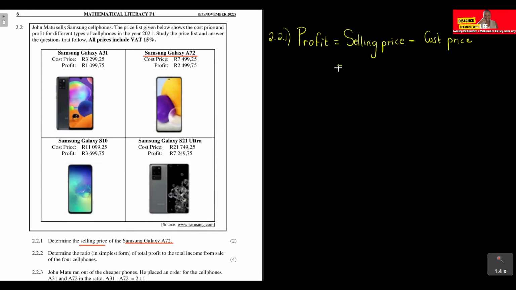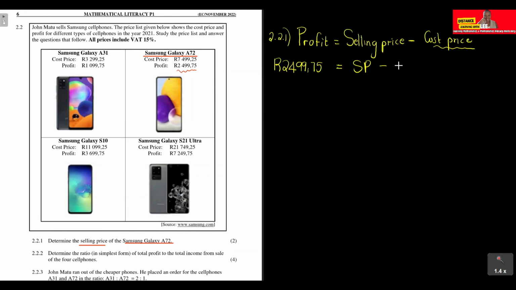So in this case, guys, what is your selling price? We don't know what it is. We are only given the profit. What is the profit for the Samsung A72? His profit is 2,499.75, which is equal to the selling price, which is what we're trying to determine, minus the cost price for your Samsung Galaxy A72.